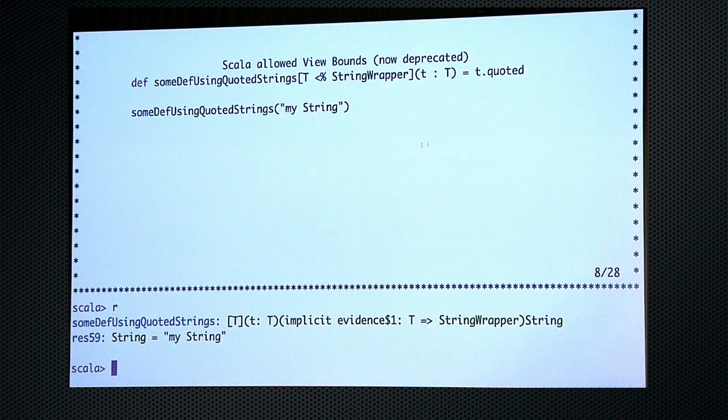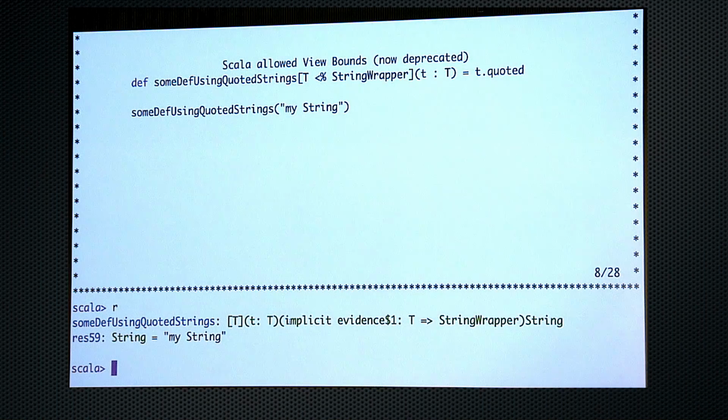This actually works. And this is because, now that we put it in this type bound, we actually say that there should be a string wrapper of t for this type t in scope. And then we can use it as if it is also an instance of string wrapper t. So what we see here in the actual definition down here is that the view bound is actually converted to an implicit conversion.